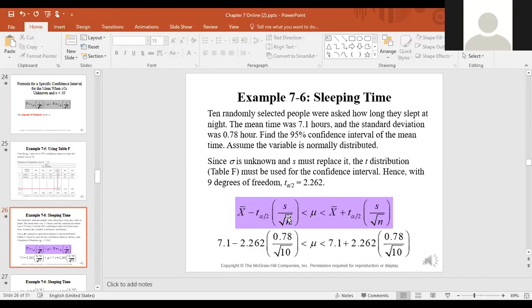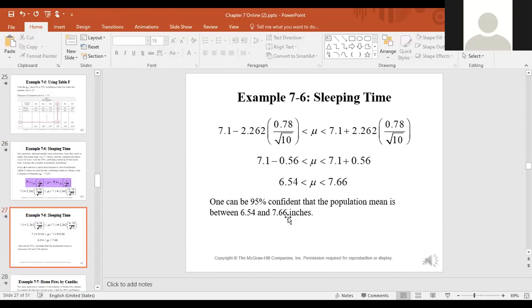The sample size here is 10. Confidence level is 95. And then we calculate. So here you will have the margin of error is 0.56, and you subtract it from 7.1 and add it to 7.1, and you will have a confidence interval of 6.5. From the calculator it is 6.54.